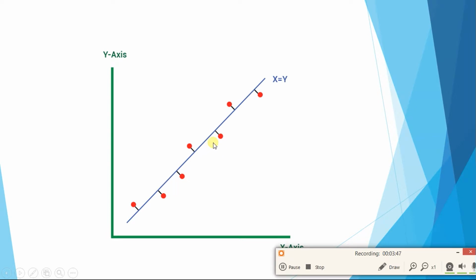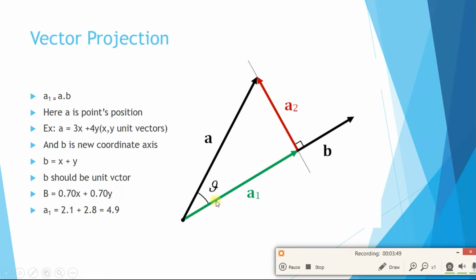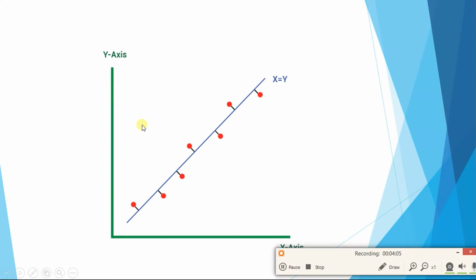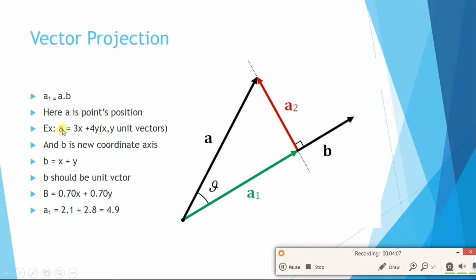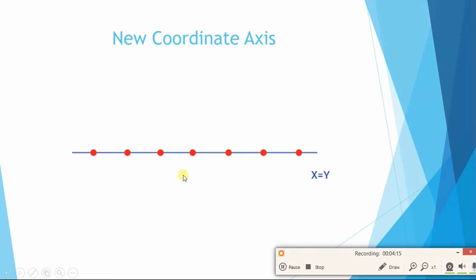For projection we already know the formula. This is a vector b and this is a vector a, and we want the projection of a on the line vector b, meaning a1. For that, a1 will be a dot b. Here a is the point's position, the red point, and let's say the point is 3x plus 4y, where x and y are unit vectors, and b is the new coordinate axis.